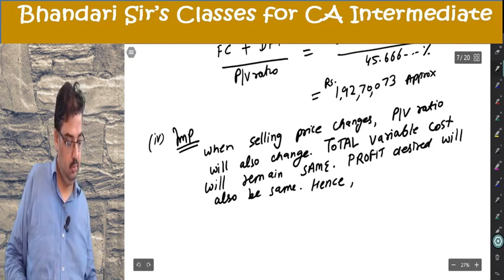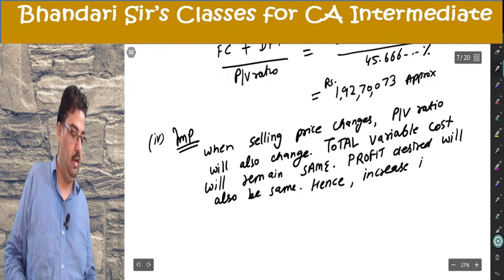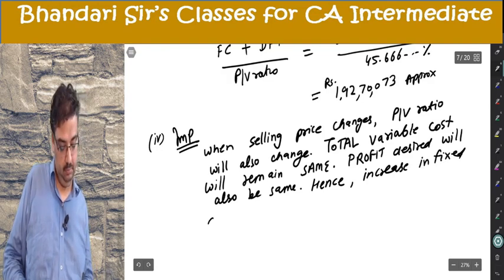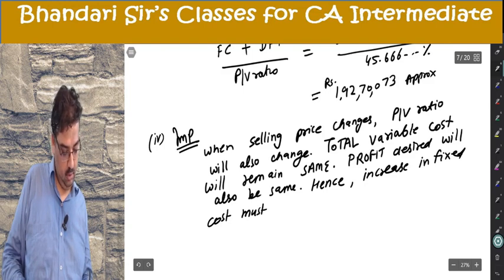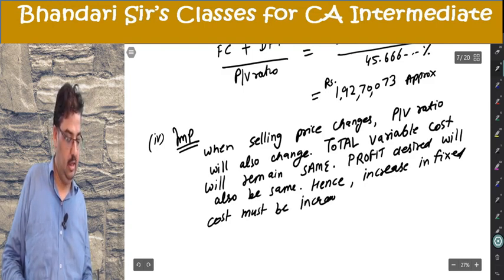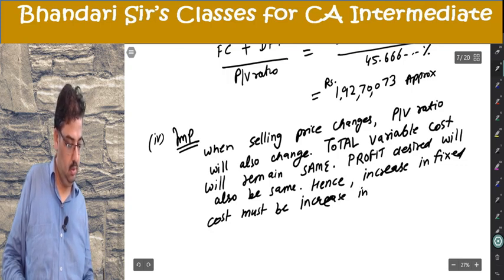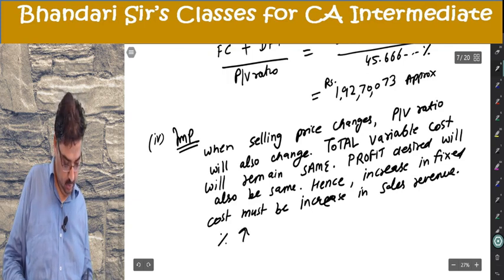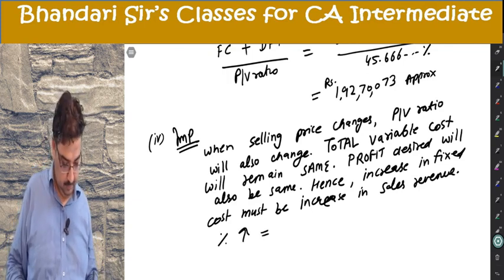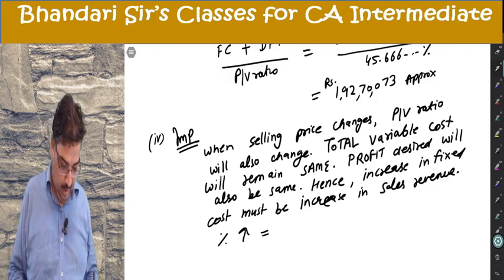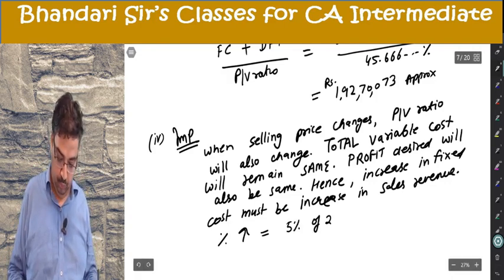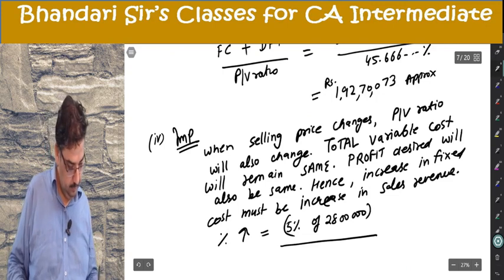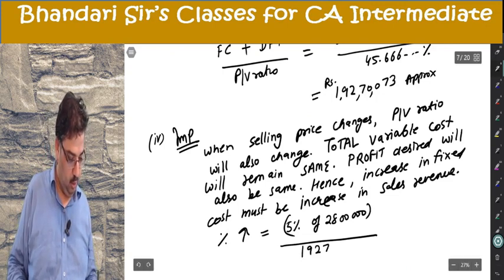Hence, increase in fixed cost must be increase in sales revenue. Percentage increase equals 5% of 28 lakh divide by original sale 1,92,70,073 multiplied by 100.